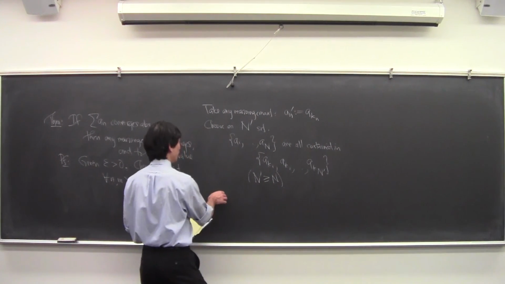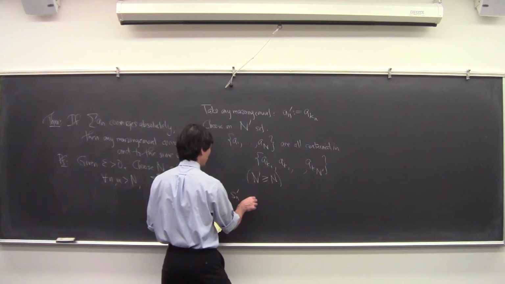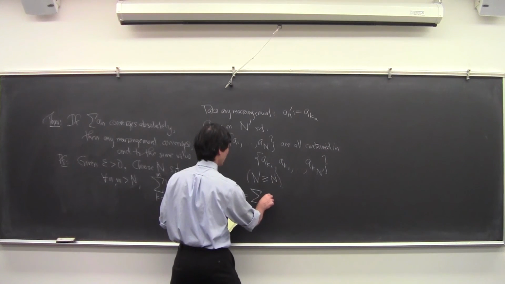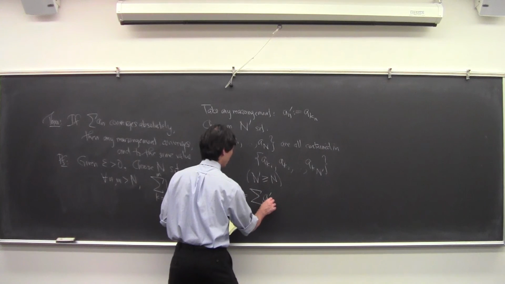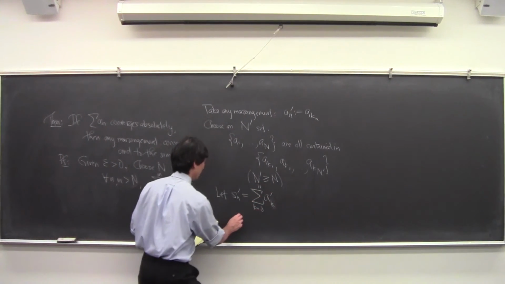Okay. Now let S n prime be the partial sum sequence for the a primes, for a prime k equals 0 to n.